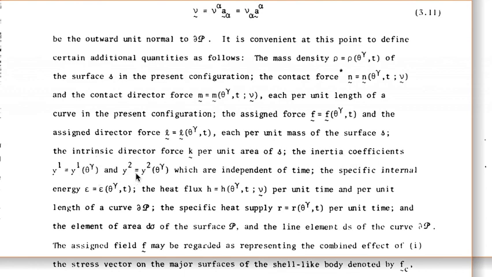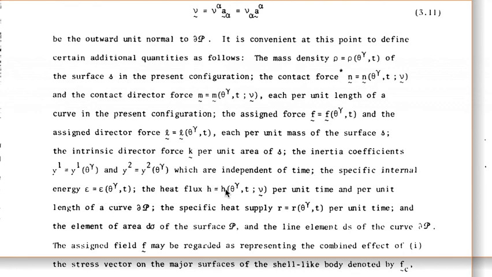And then they are introducing two inertia coefficients. Now when they are writing the kinetic energy, they are considering the kinetic energy of the particles as well as the kinetic energy of the director vectors. So that is why two inertia coefficients; they are not saying this is the mass of something and this is the mass of something else, they are just calling them inertia coefficients, and they appear in the kinetic energy expression, okay.